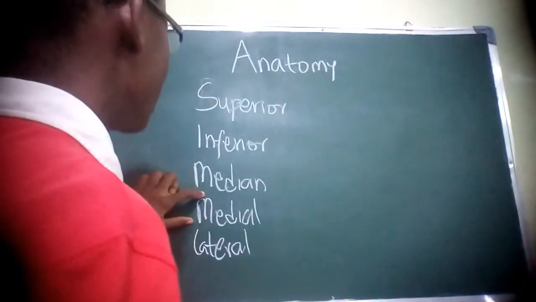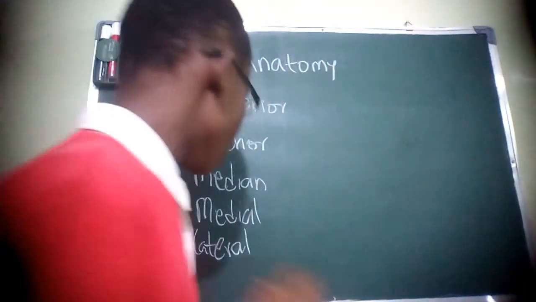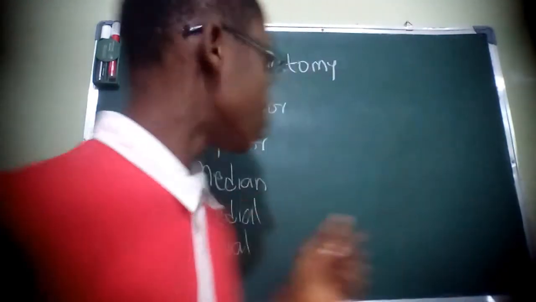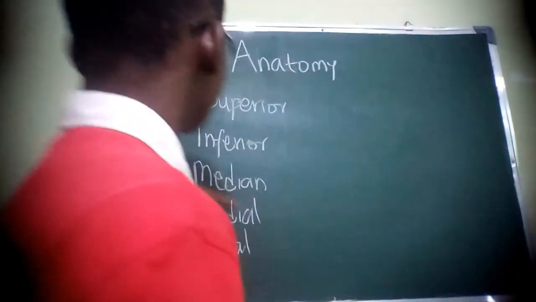We have the medial also, and the medial means that the structure is nearer to the midline. Like when you say the medial side of the first rib, that means the side that is nearer to the midline in the first rib.